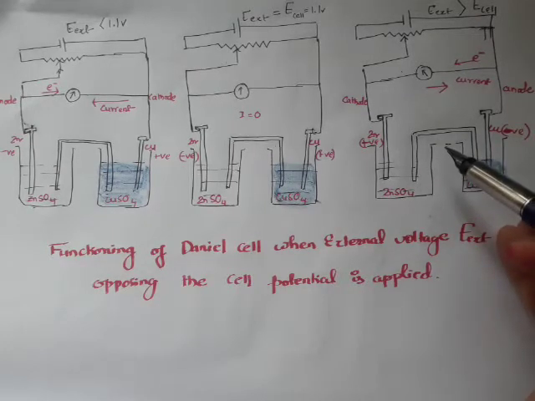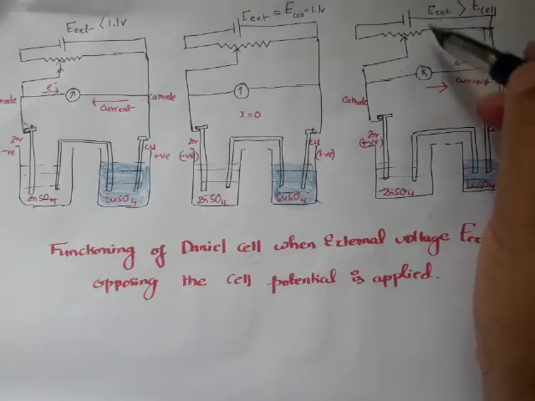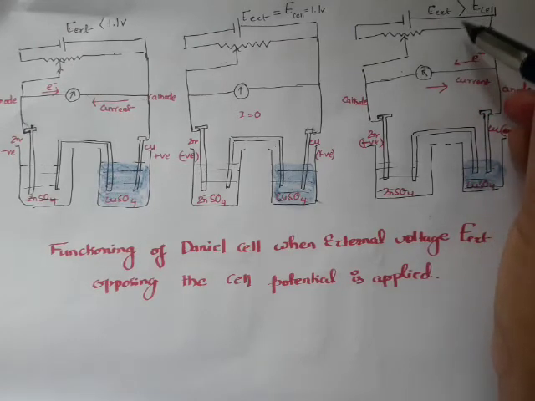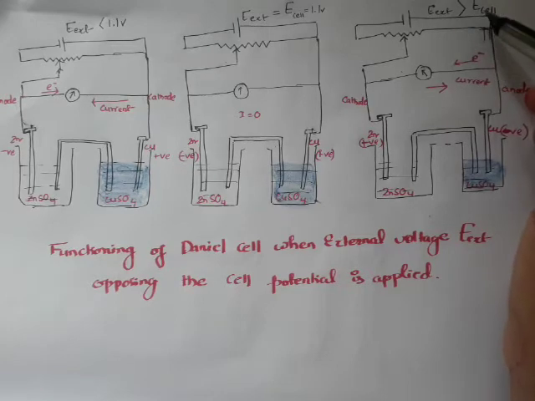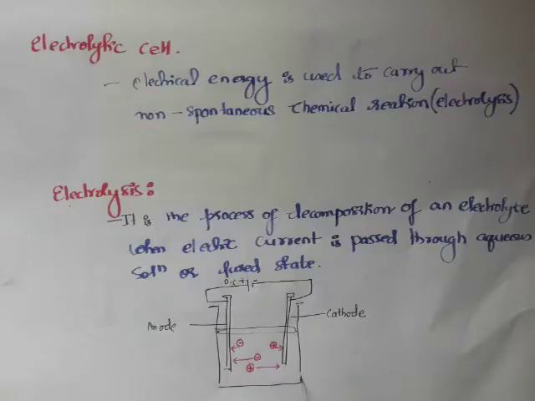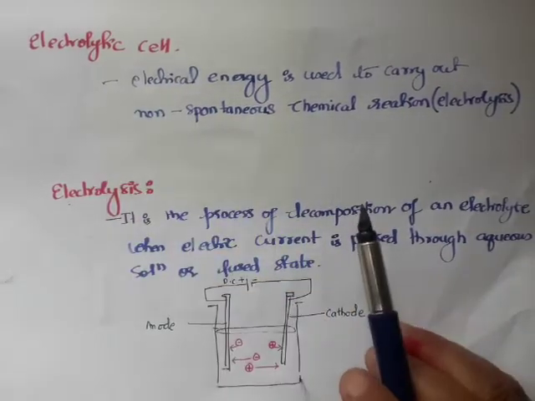So the cell acts as an electrolytic cell when the applied potential is greater than the cell potential. Now let us discuss what an electrolytic cell is.